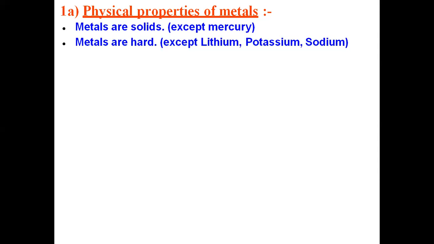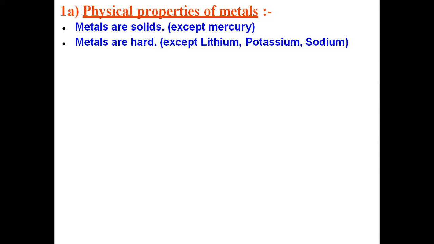And we all know that the bonding involves only valence electrons, correct? You know that concept? The bonding involves only the valence electrons. Valence electrons means outermost electrons, correct?